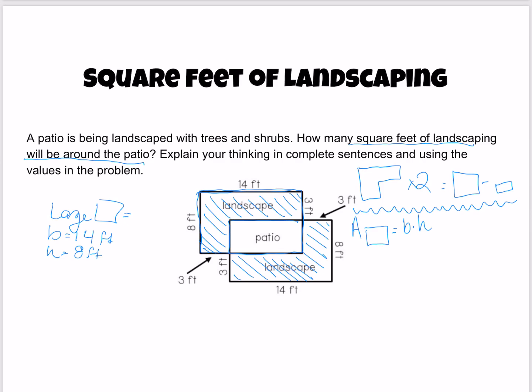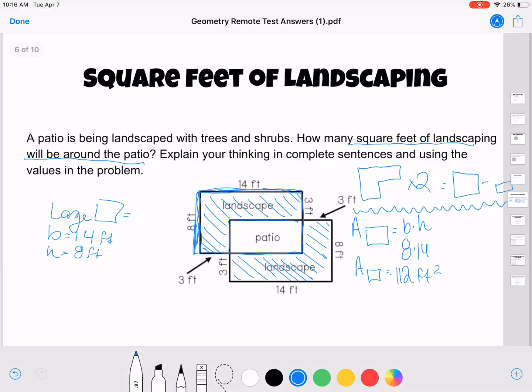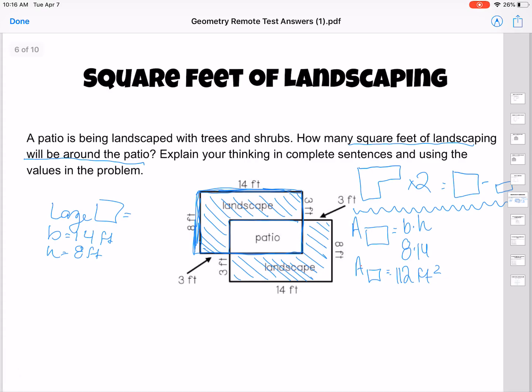Notice I'm using the whole numbers here because I'm looking for the total area, including the patio there. So I have 8 times 14. I'm going to plug that into my calculator, and I get that the area of the large rectangle is 112 square feet.